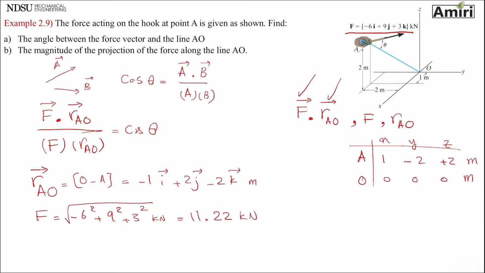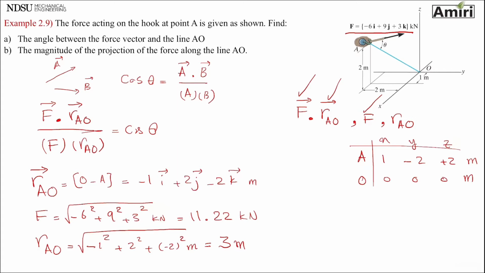And we've got to find the magnitude of AO: -1, 2, -2 squared, square root of that. All the units are meters, and this results in 3 meters. Okay, so I think we've got everything.